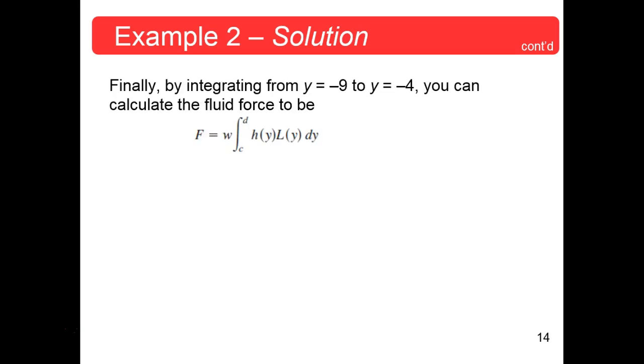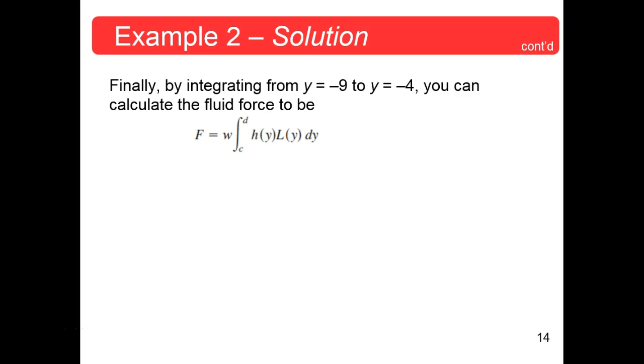So finally, integrating from -9 to -4, the force is equal to the weight density, which is 62.4, times the integral from c to d, -9 to -4. Your h was minus y.